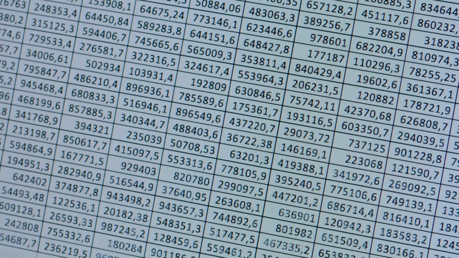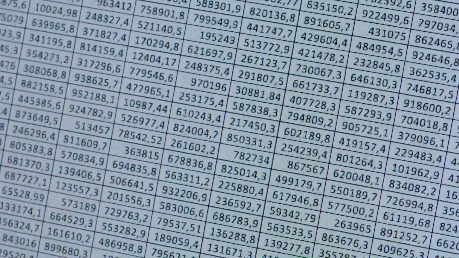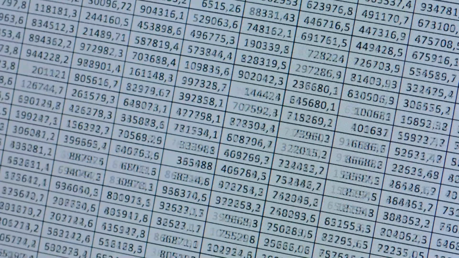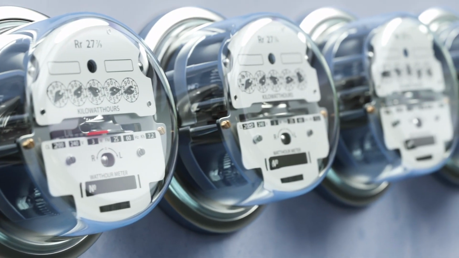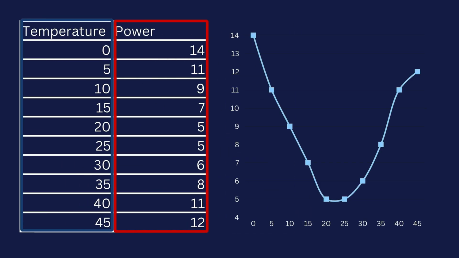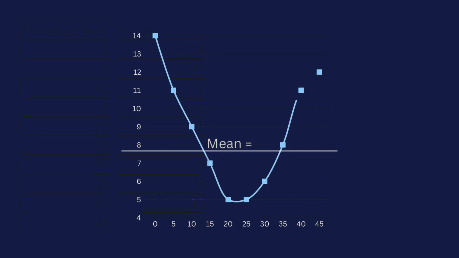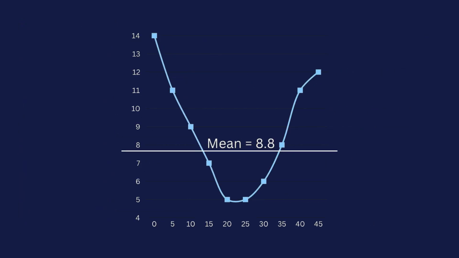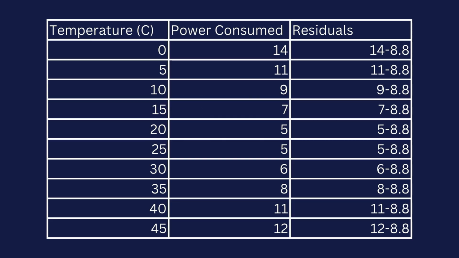Let's quickly recall the data set from the previous video. We were predicting building energy demand based on outside temperature. The data looked like this. And the first thing we did was compute the baseline prediction, which was the mean power consumed. Then we calculated residuals.